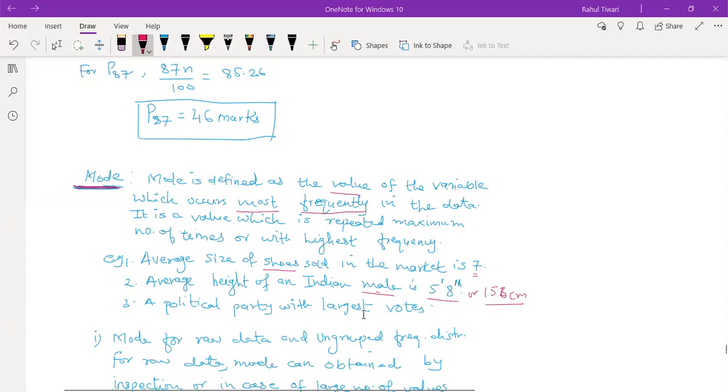Have you understood where mode can be applied? Yes, sir. I'm repeating again: these applications are important. Otherwise, doing all the calculations is quite simple, nothing is there. But you must understand how it is used in real-life situations.